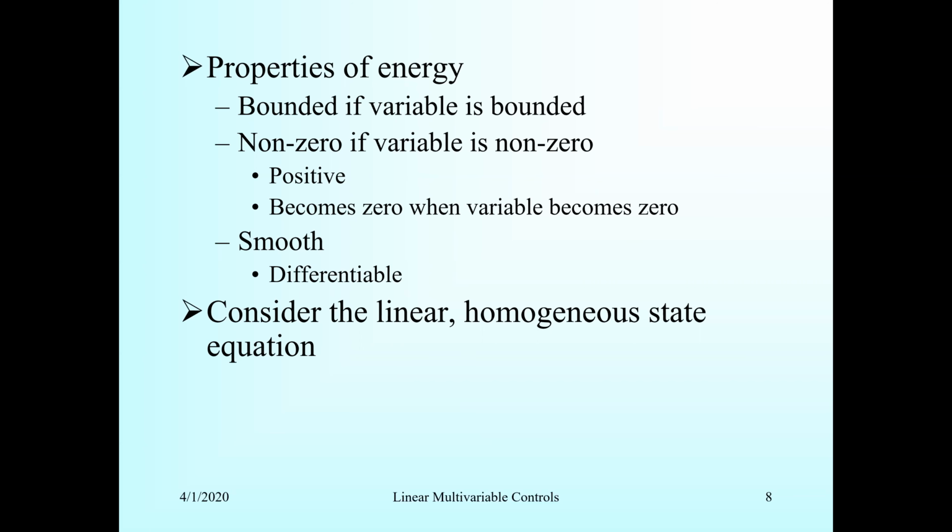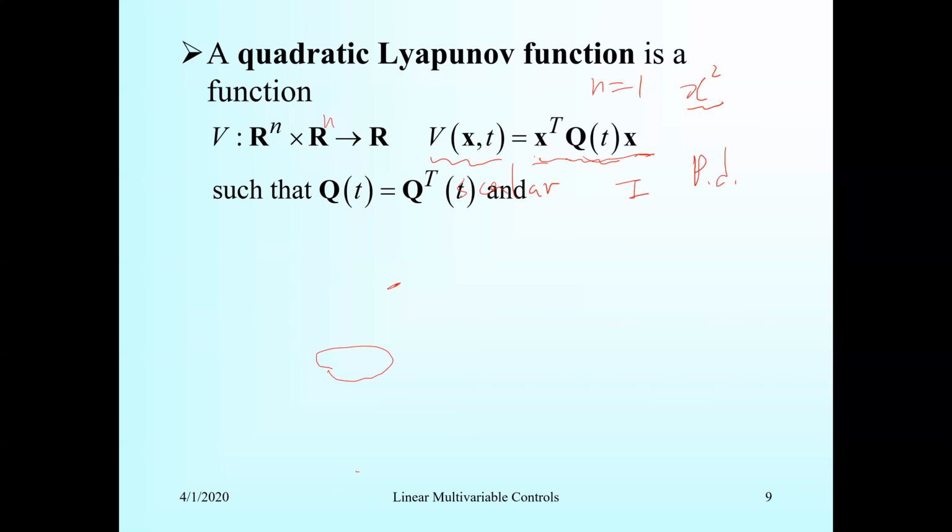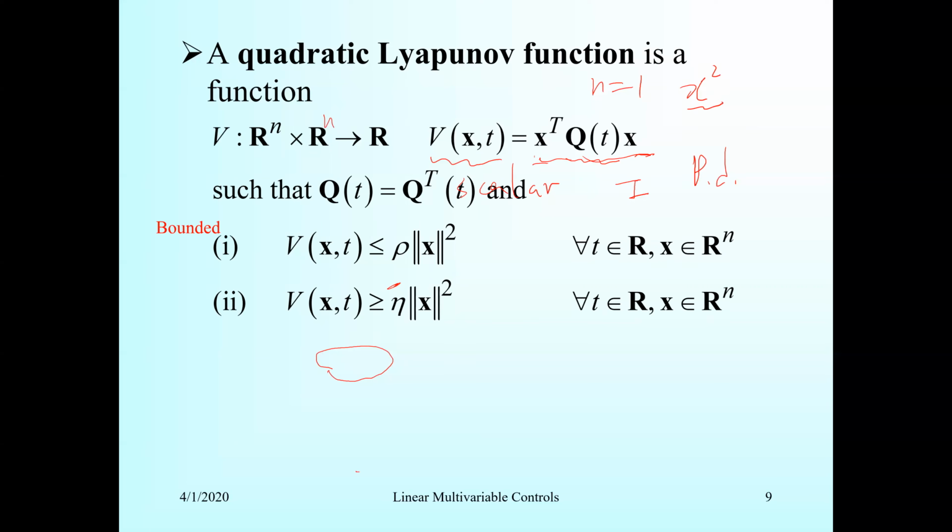It should be smooth, differentiable. So here is the V. We use the quadratic form of the V, and Q is symmetric. So it's upper bounded by rho, lower bounded by eta. So that's my V. But the lower bound could be just zero.